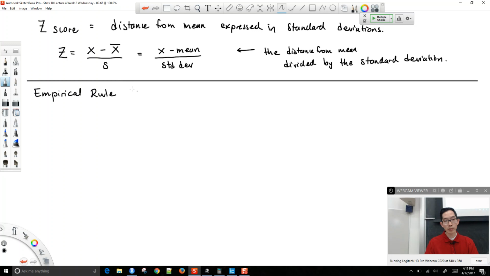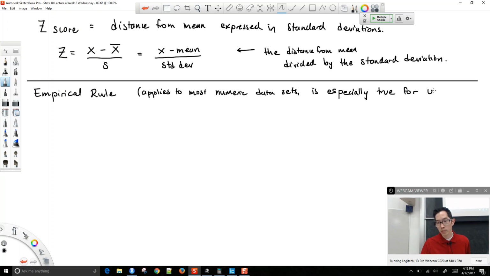The empirical rule applies to most numeric data sets and is especially true if the data is unimodal and symmetric. If it's unimodal and symmetric, the empirical rule holds very true, is very accurate.